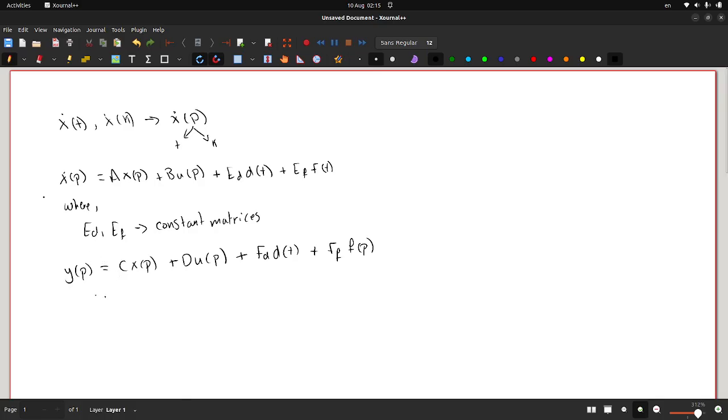And F_D and F_F are also constant matrices. So now we have two additional inputs, d of t and f of t, or d of p and f of p. These inputs are the disturbances, and these are the faults.